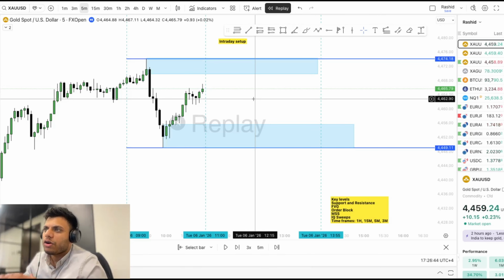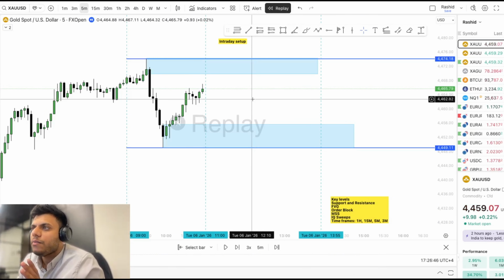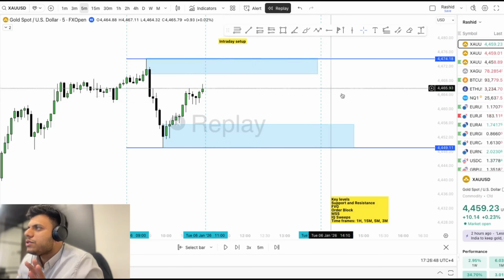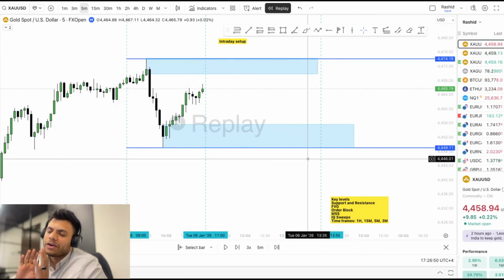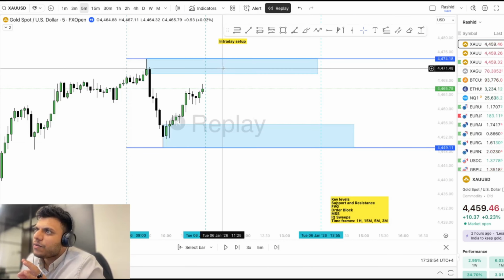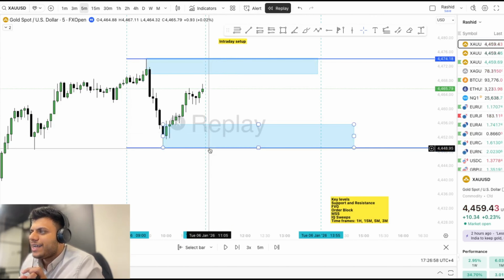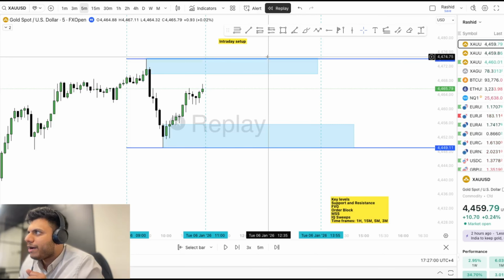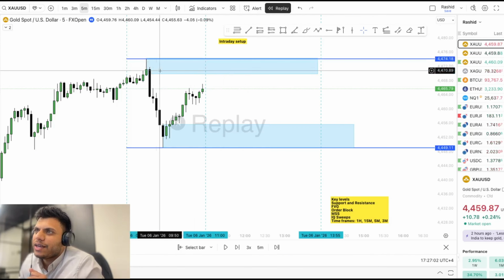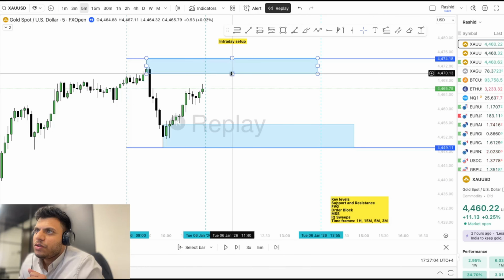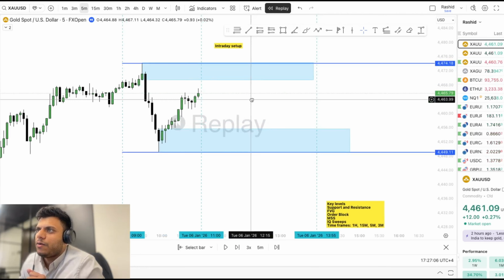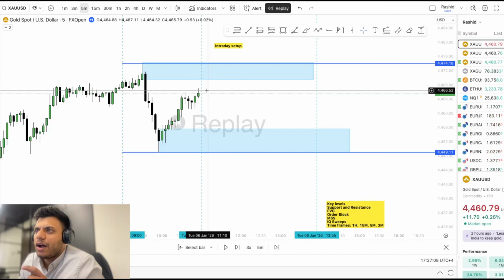From here you want to take trades, from this level to this level when the market is moving. So you know clearly where your levels are. This is your sell side liquidity level, and this is your buy side liquidity level. And you can clearly see where the price is right now. The price is closing around here.